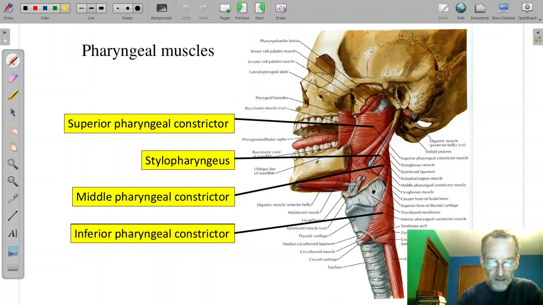But here is our superior pharyngeal constrictor. It wraps around both sides, and this was our pterygomandibular raphe.